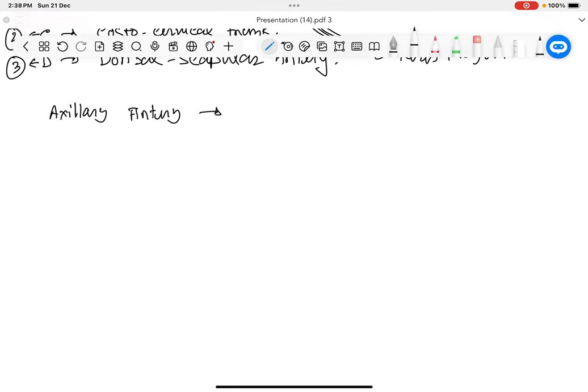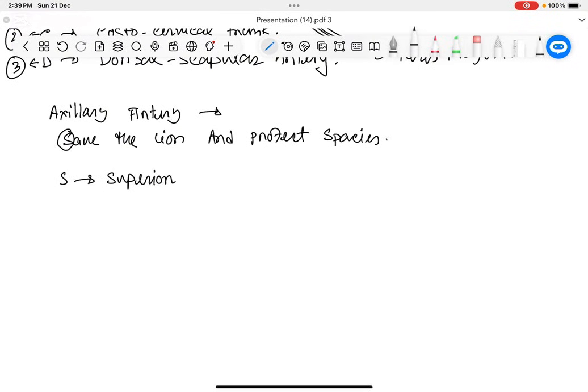Here also there is a mnemonic for remembering the branches of the axillary artery: Save The Lion And Protect Species. S for superior thoracic artery.